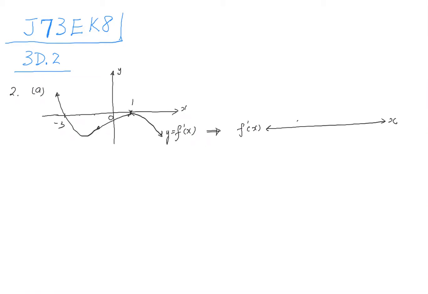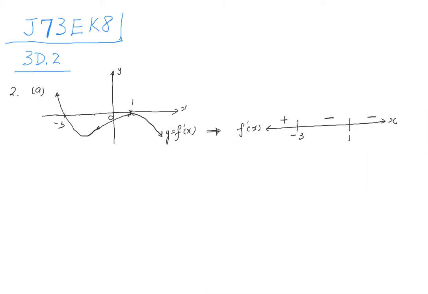Yes, -3 and 1. If the f prime x graph is above the x-axis, then I put a positive sign. If it's below the x-axis, I put a negative sign.